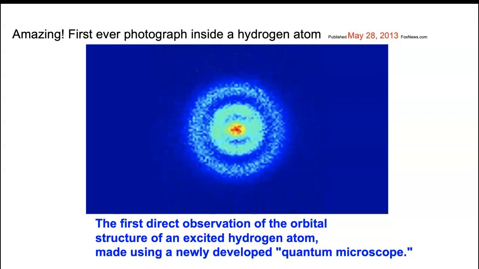And in 2013, we have the first actual photograph with a quantum microscope of the atom. And you can see this confirms J.J. Thomson's discovery of the electron and Rutherford's discovery of the nucleus, because we have this small, positively charged, dense nucleus in the middle and the electrons out here.